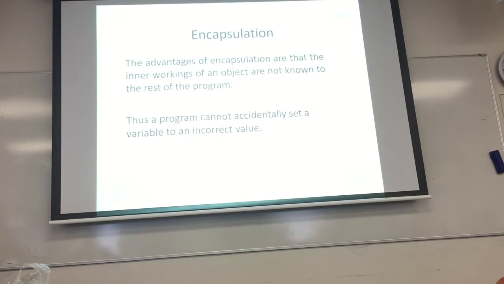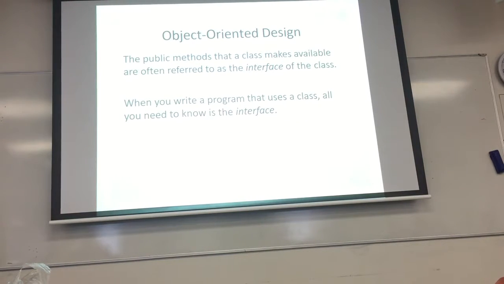So, advantages: the inner working is not known outside the class and can be changed at any time by the designer of the type, who releases a new library version, and then we have fun with updating applications and stuff like that. So the program cannot accidentally change a data variable to an incorrect value, which will make your type useless.